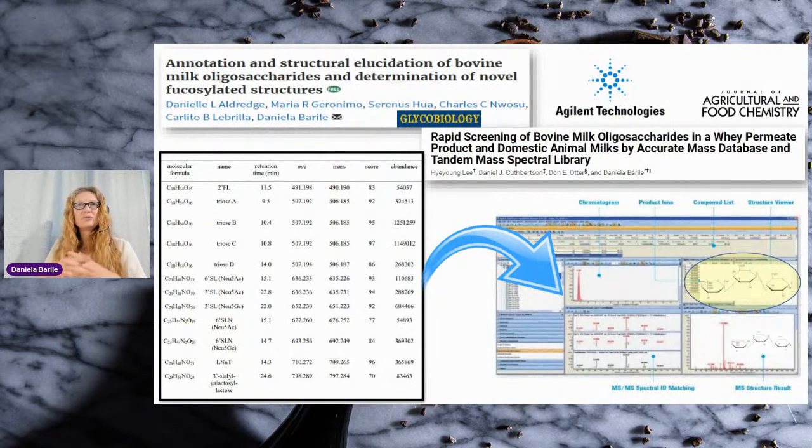It wasn't easy. It took us many years to actually do this process for various types of mammalian milks, which was the first obvious food source to look into, quite similar to human milk. So we found oligosaccharides. You can see a database looks like a table with a lot of information, not very easy to use for the non-expert.